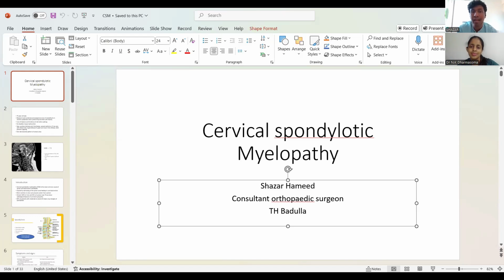You can have other complications which are general to any other surgery, but complete paralysis is extremely rare. So it's very important to pass this message on to the public as well, because the first stage of convincing a patient for surgery is that the patient always thinks they are going to end up paralyzed. That is not the case.